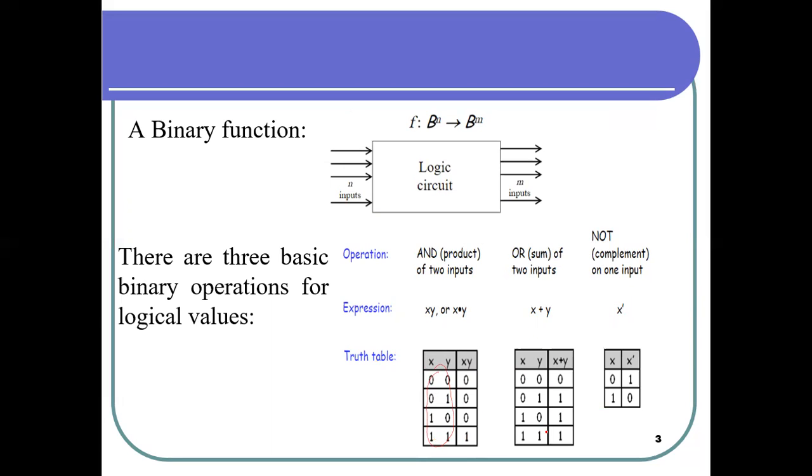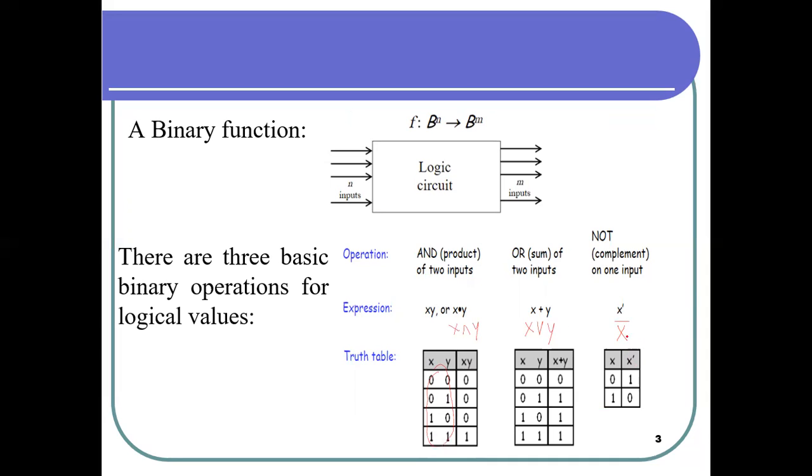If you look over here, this is the addition, or I can say the OR operation, and sometimes we write it as x and y, or sometimes x or y. In some books we write NOT like x bar.